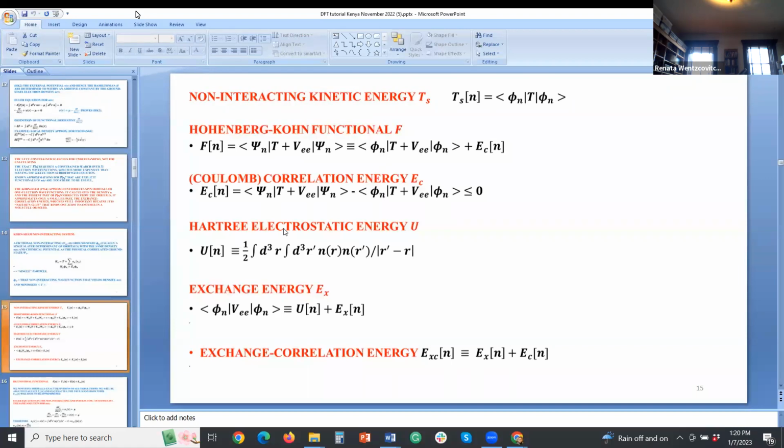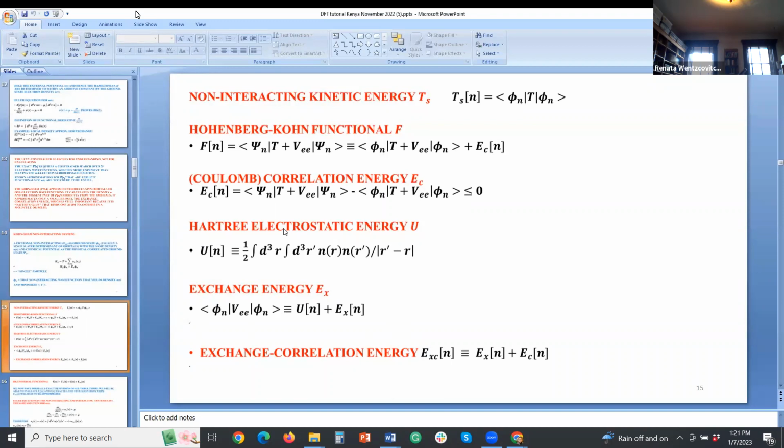If you look at that expression and think about it for a minute, you'll see that the Coulomb correlation energy must always be negative or 0. It can never be positive. That's because psi n is the interacting wave function that yields the density n and minimizes T plus VEE. So the first term must be lower in energy than the second term, which means the difference must be negative or 0.